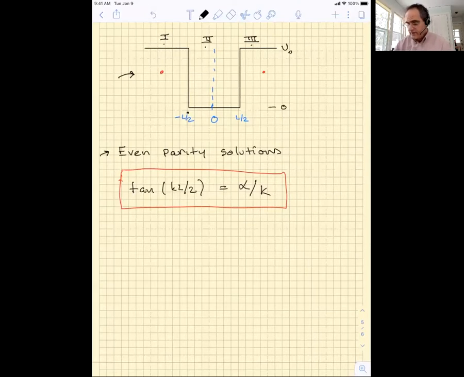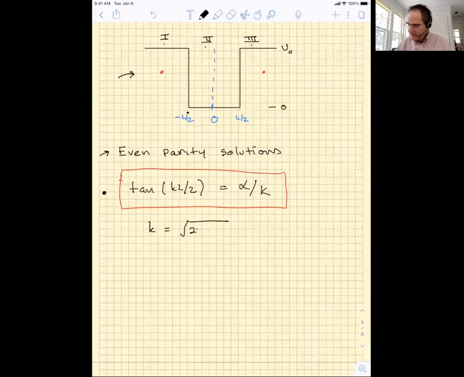The solutions look like a decaying exponential outside of the well, and they look like a cosine function inside of the well. And they have to satisfy this equation, that the tangent of KL over 2 is equal to alpha over K, where K is known.